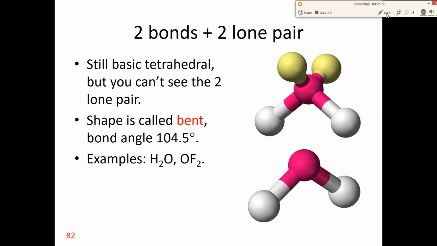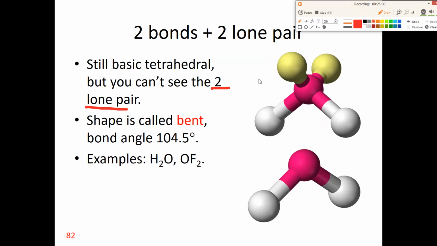Right? So the next one is derived a little bit further from tetrahedral and trigonal pyramidal. Now this case has two lone pairs. A typical example is water. Oxygen has two lone pairs.